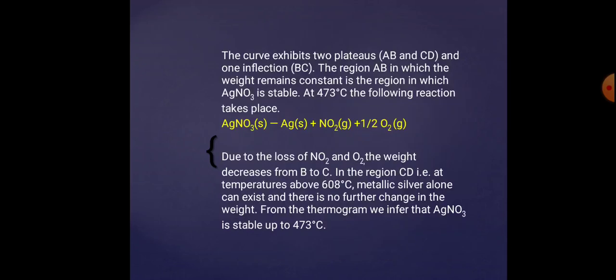Now this is the reaction. Above 473 degrees Celsius and up to 608 degrees Celsius, this reaction occurs. Below 470 degrees Celsius, AgNO3 is quite stable.